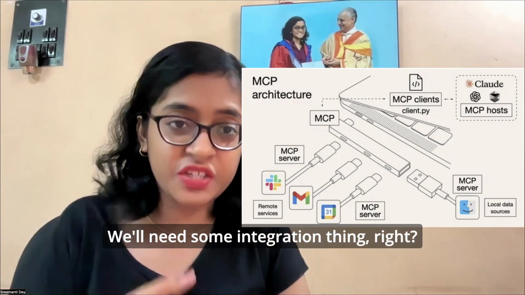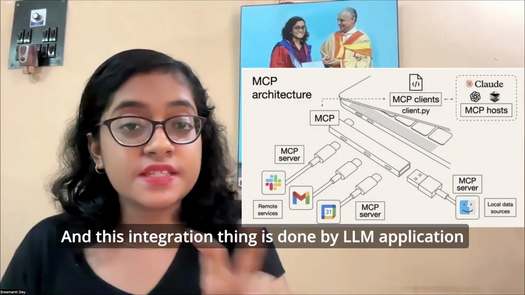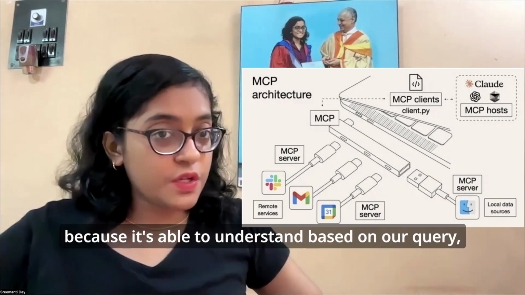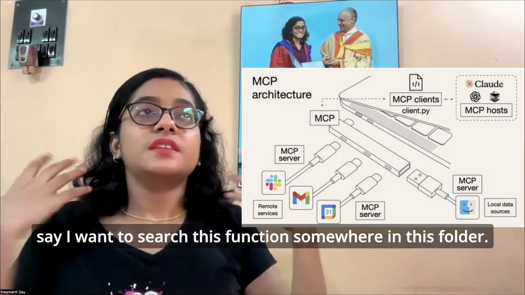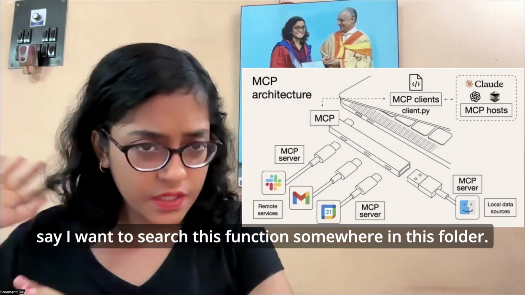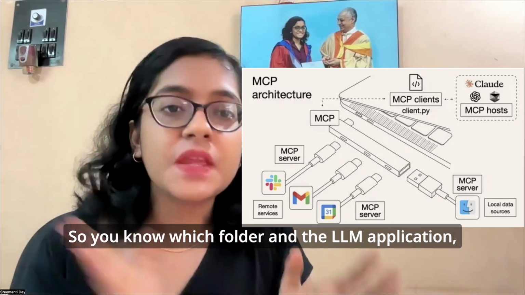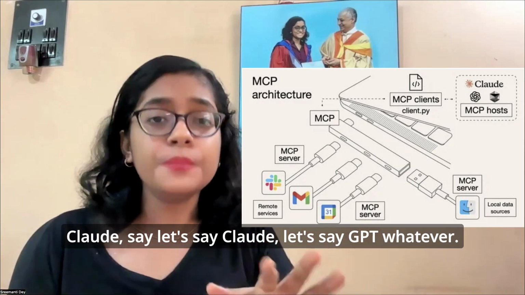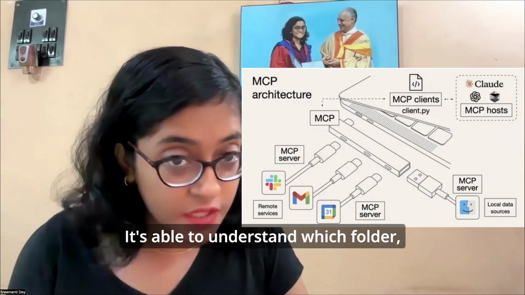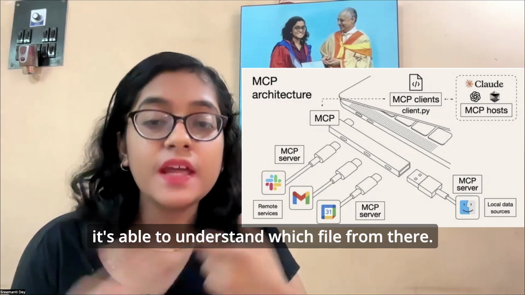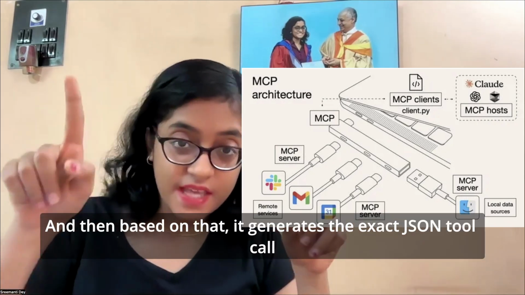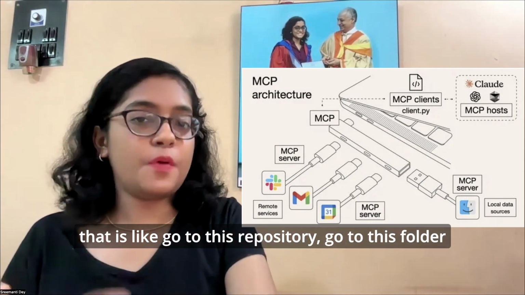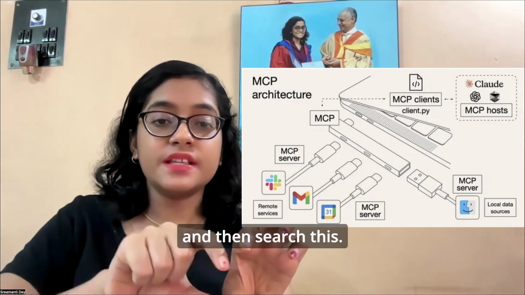We'll need some integration thing, right? And this integration is done by the LLM application because it's able to understand based on our query. Say I want to search this function somewhere in this folder. The LLM application, let's say Claude, let's say GPT, whatever, is able to understand which folder and which file from there, and then based on that, it generates the exact JSON tool call that is like, go to this repository, go to this folder, and then search this.